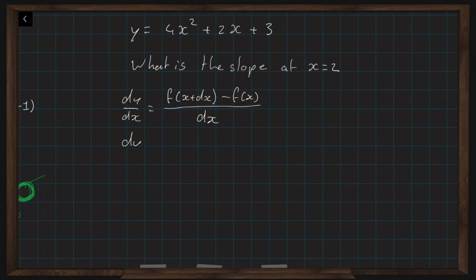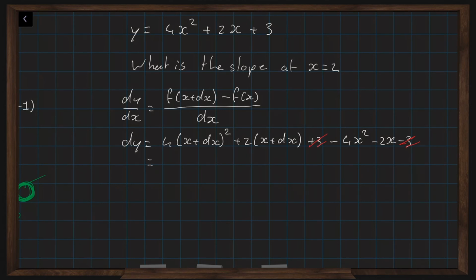So dy is equal to 4 times x plus dx squared plus 2 times x plus dx plus 3, minus 4 times x squared minus 2x minus 3. Now we can just cancel these 3's straight away. Okay, and let's expand this out.